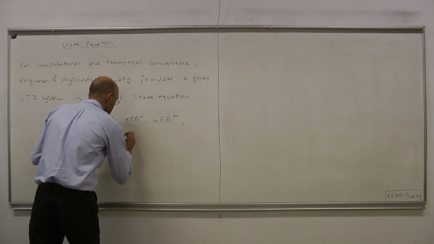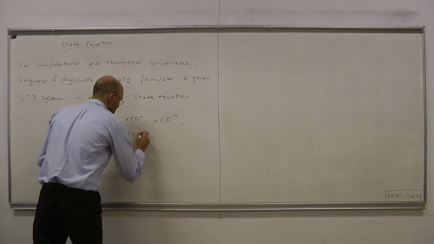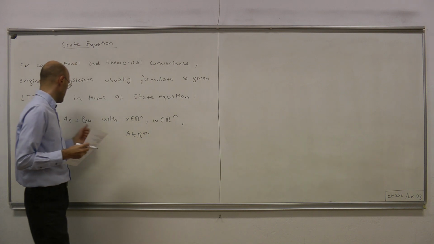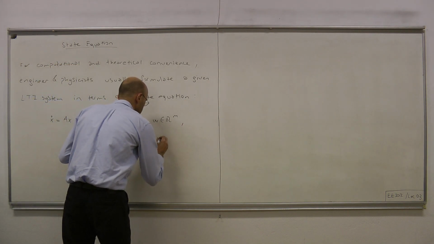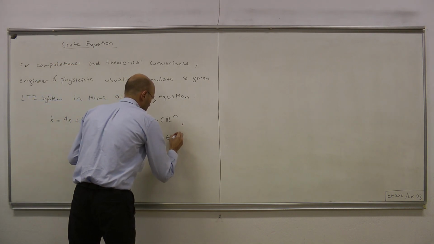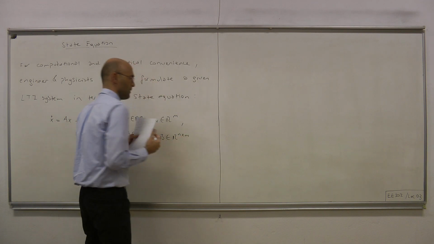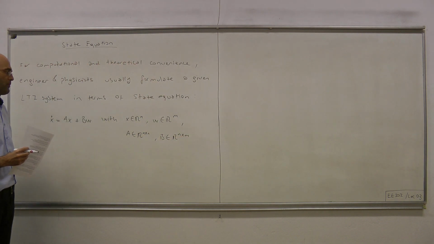A is n by n, so A is necessarily a square matrix, and B is an n by m matrix.